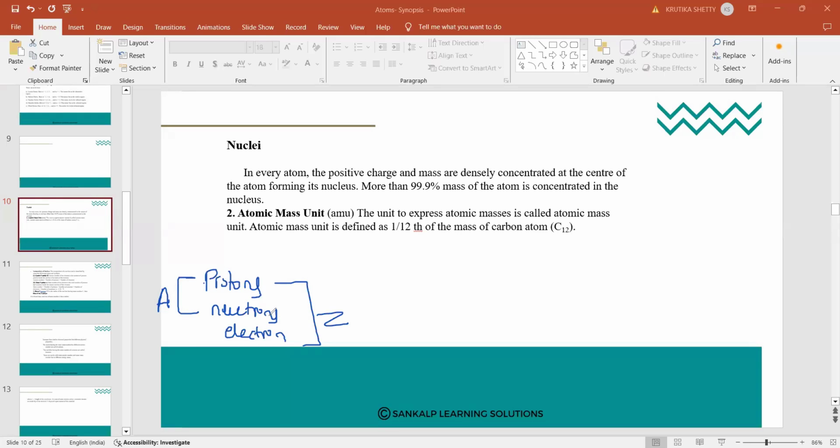So to calculate only the number of neutrons, getting my point here, students? Z represents the number of protons and also the number of electrons. A is protons plus neutrons. So if you want only the neutrons, A minus Z gives you the number of neutrons.